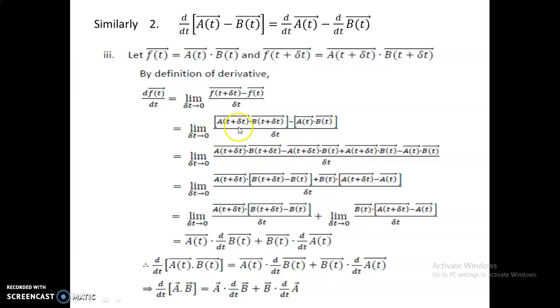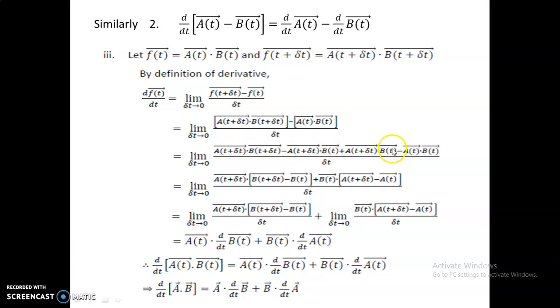Then we take a of t plus delta t into b of t plus delta t, minus a of t into b of t. Keep in mind, we can make an adjustment with a plus and minus term: a of t plus delta t into b of t.